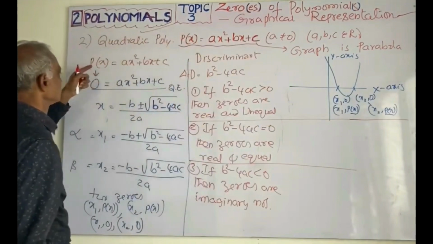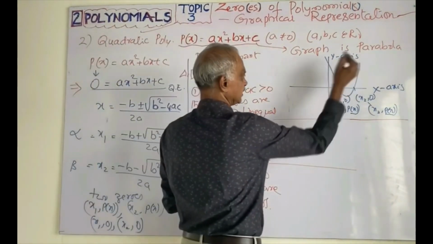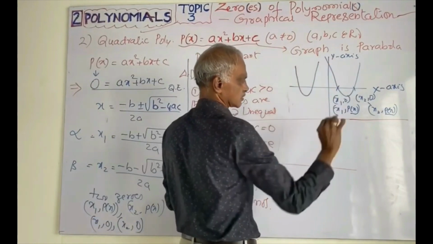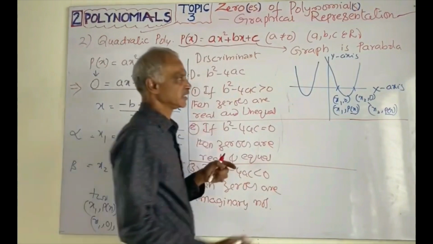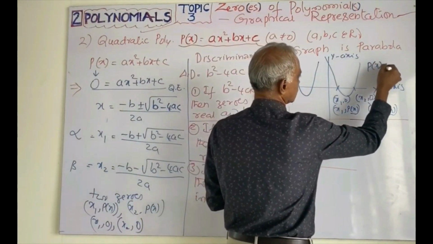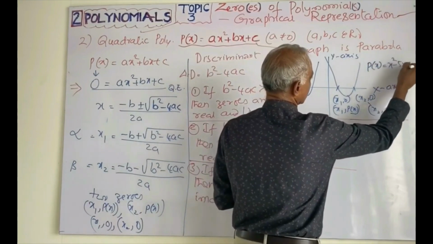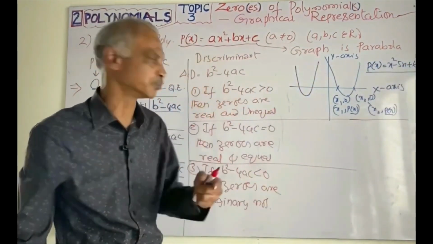We are substituting p of x equal to 0. This parabola will be like this or like this. Now I will take one example: p of x is equal to x square minus 5x plus 6. It touches the x-axis at 2 points.